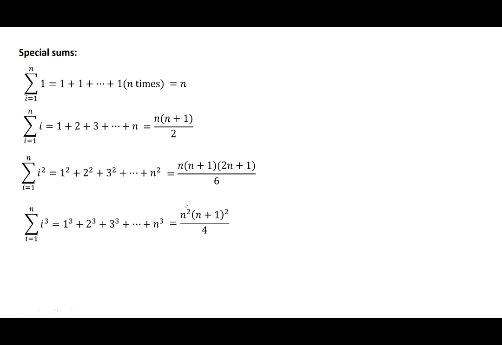Instead of n, we have n square. We have n plus 1 here, we have n plus 1 the quantity square. We have 2 here, we have 2 square here. Who would have thunk? That's a beautiful coincidence.